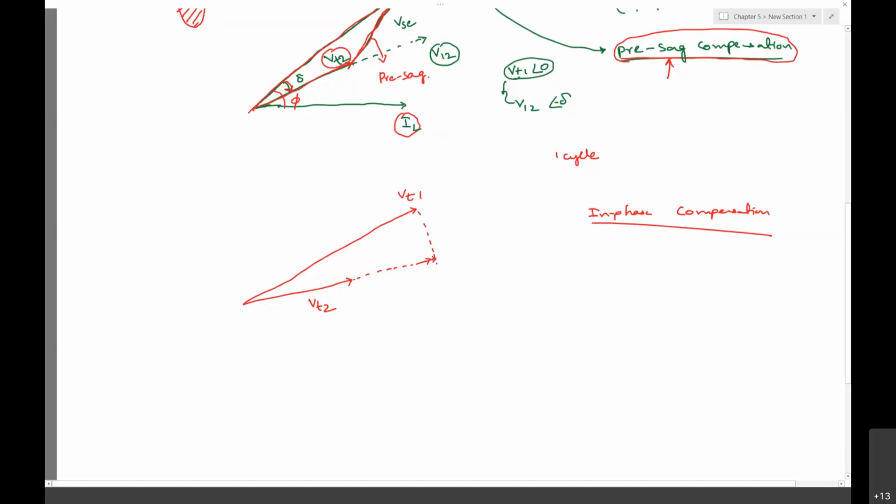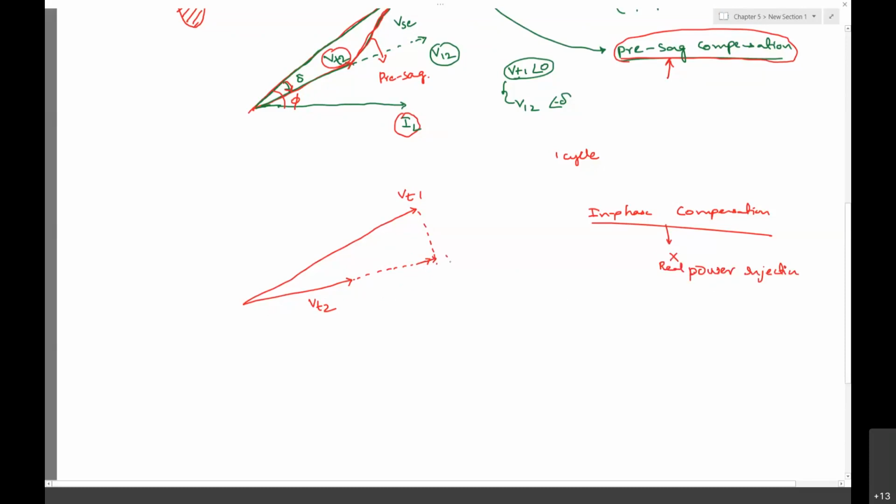But this method yields only real power injection.